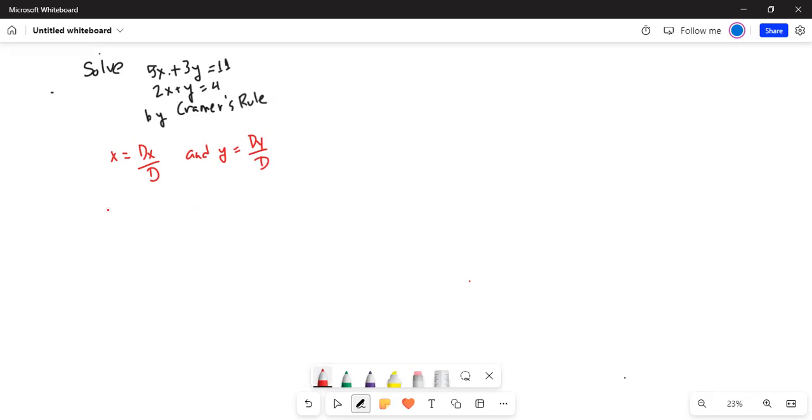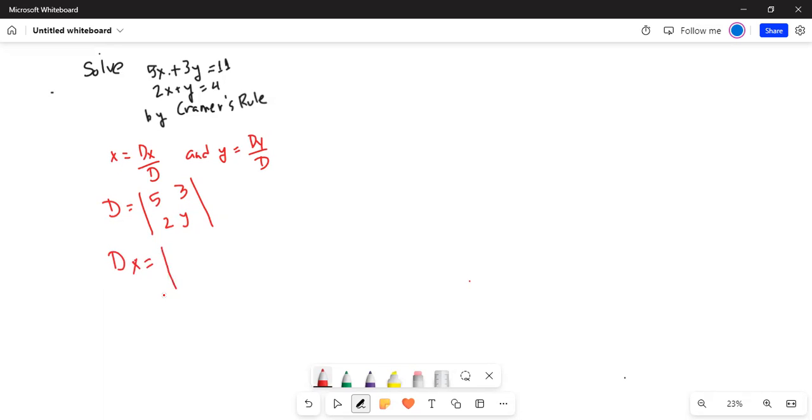So what is the first determinant, D? Determinant D in our case will be the determinant of the coefficients of the original x and y equations: 5, 3, and 2, 1. Let's also write the determinant Dx.